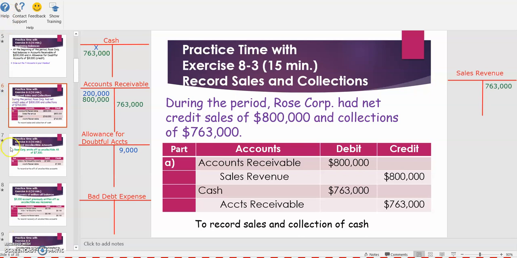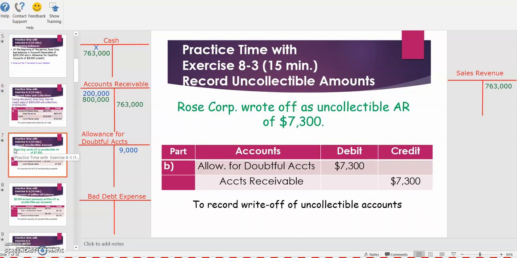All right, so the next step that happens with Rose Corporation is that they wrote off as uncollectible accounts receivable of $7,300. So out of their customers that they made sales to, there were some customers that said that, you know what, we are not able to pay you our accounts receivable balance.